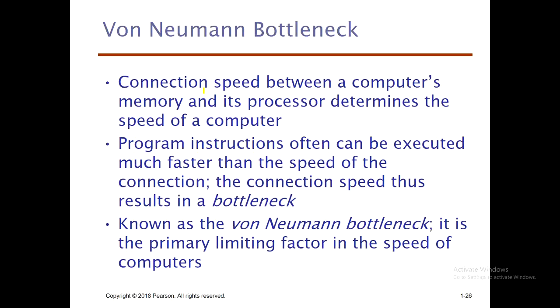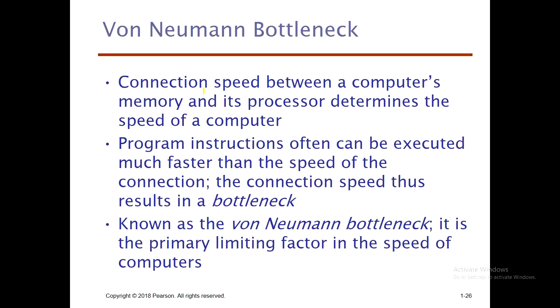because the connection speed between a computer's memory and the processor always is determining the speed of a computer. So the speed of the computer will be determined by the processor and the relationship between the memory and the processor. So sometimes these instructions that you feed on the computer can be executed faster than the speed of the connection.